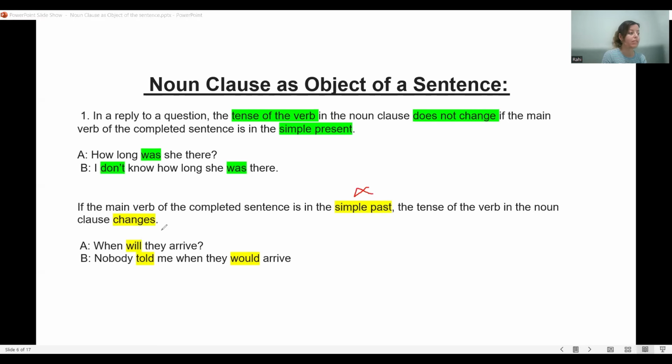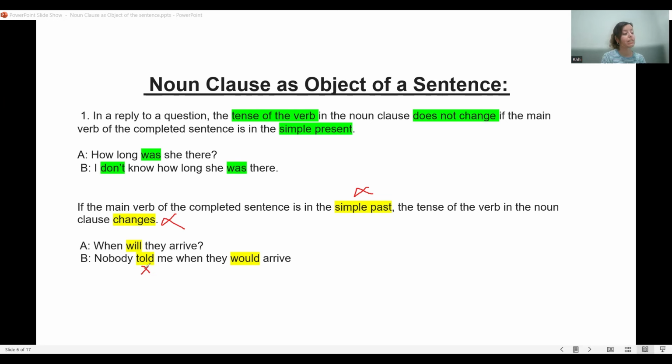When we have simple past in the main clause, the verb in the noun clause changes as well. So we have this question, when will they arrive? Nobody told me. Told is the verb in the main clause, and it is in simple past tense. When will they arrive? So here I need to change the verb. Why? Because told in the main clause is in simple past form.